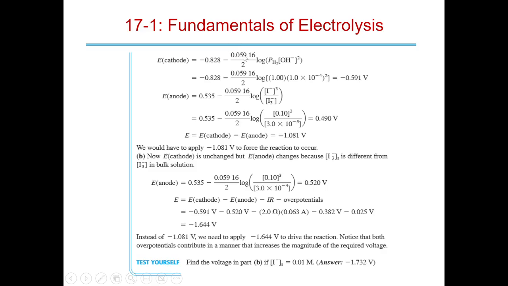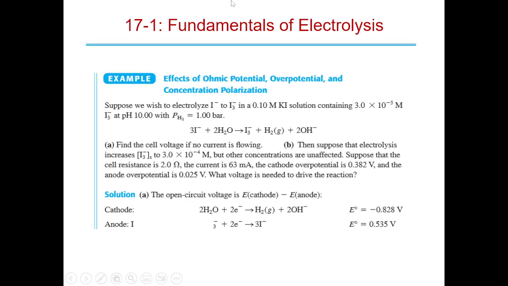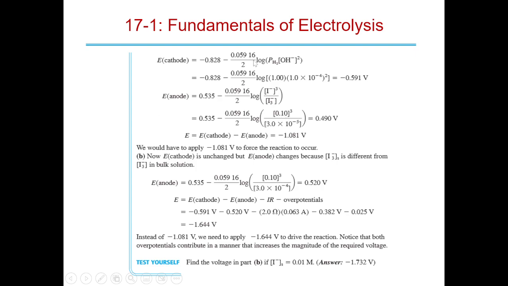So we are not in an E naught condition, are we? Notice these concentrations are not unity, right? They're not all 1 bar, 1 molarity, that sort of thing, are they? So we're going to have to use our Nernst equation to do this problem, right? So we have to set up our E cathode. We put in our E naught.